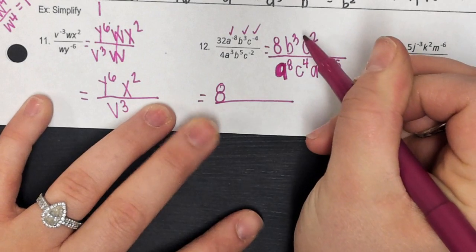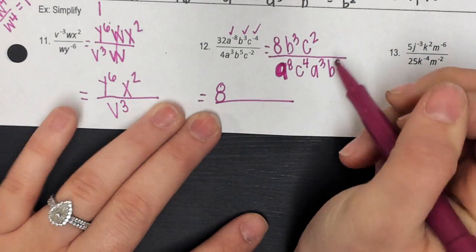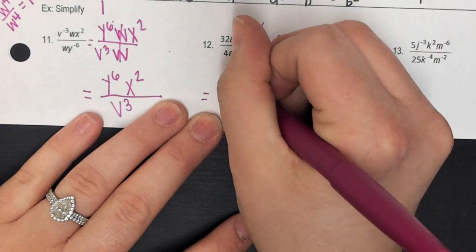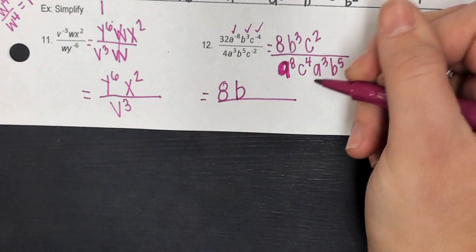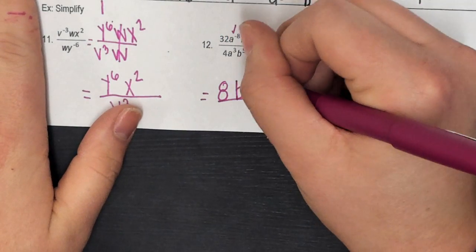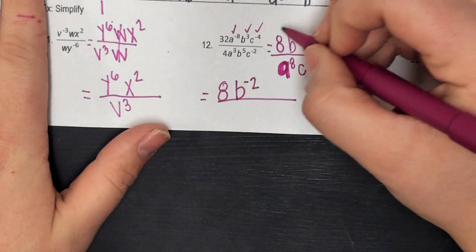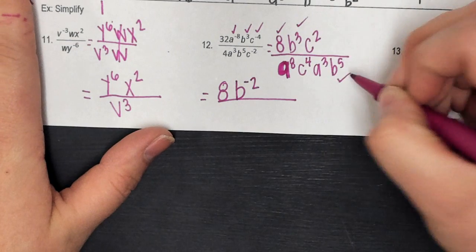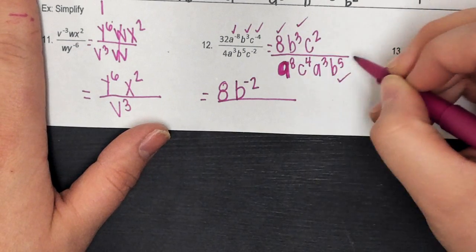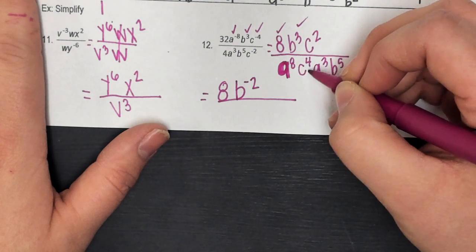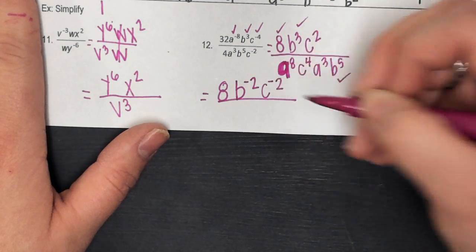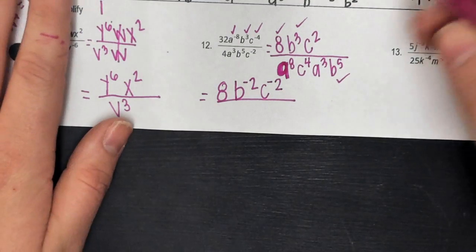B to the third minus b to the fifth. So if I simplify it, it stays on top. So 3 minus 5 is negative 2. So I've taken care of the 8, the b. Let's look at the c's. C squared minus c to the fourth is c to the negative 2. Stays on top because we simplified it.